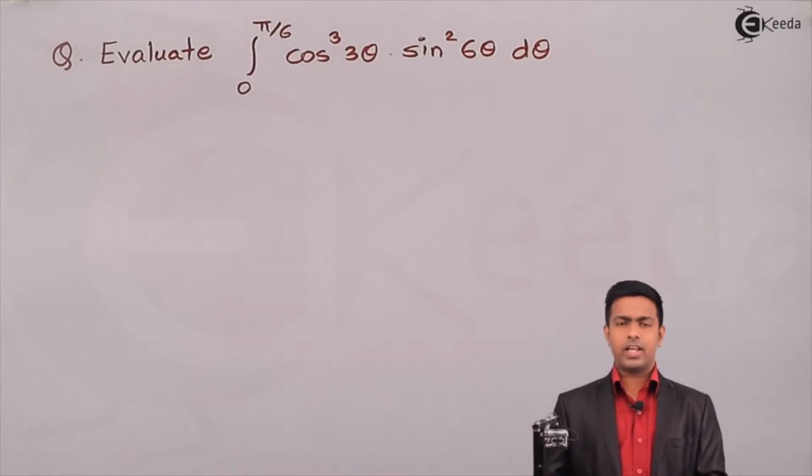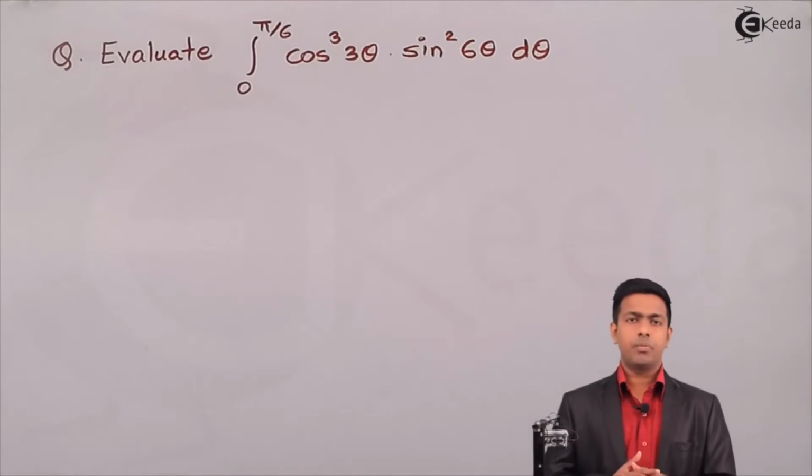So guys, since here we can see the sine term and the cos term, we can apply the definition of beta function. Now you all must be thinking, what is the definition of beta function? So let's discuss that definition.